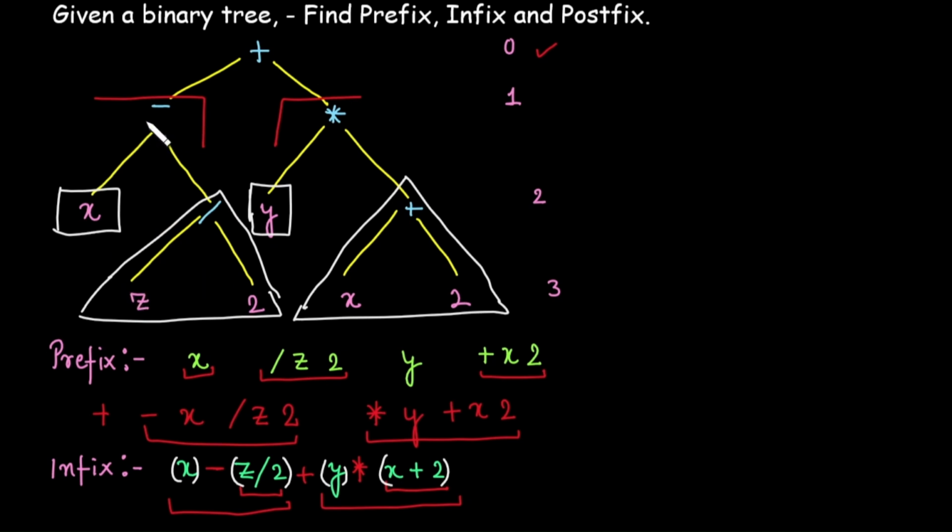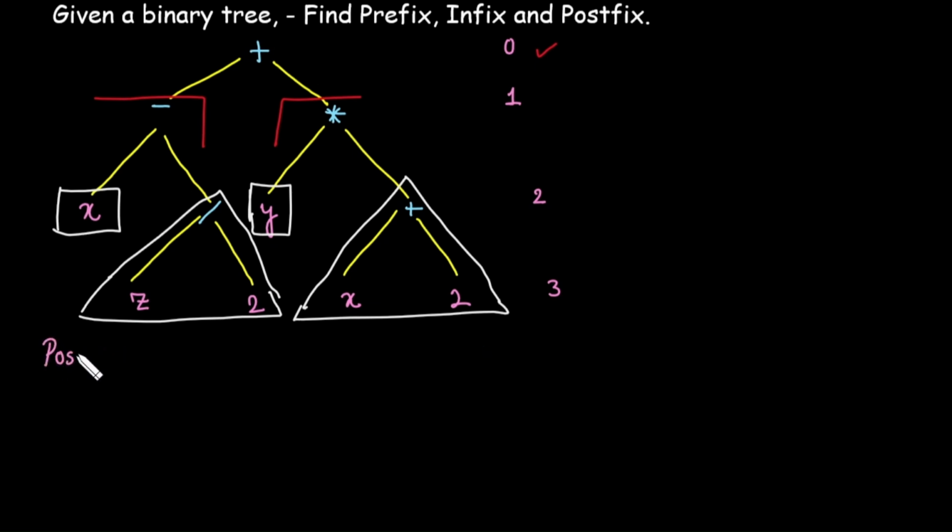Then we have the subtree on level 1, so put the bracket between these two 1. Similarly for the right side subtree, between these two 1. At last, we can evaluate this. So this is how humans evaluate expressions, and that is called an infix expression.